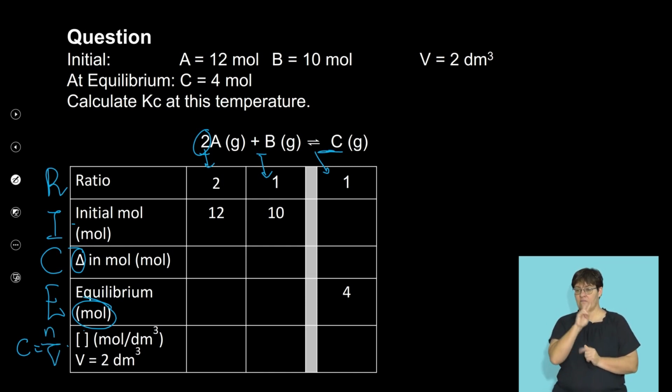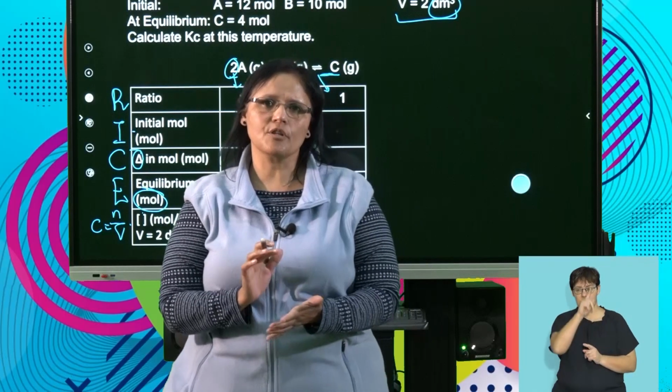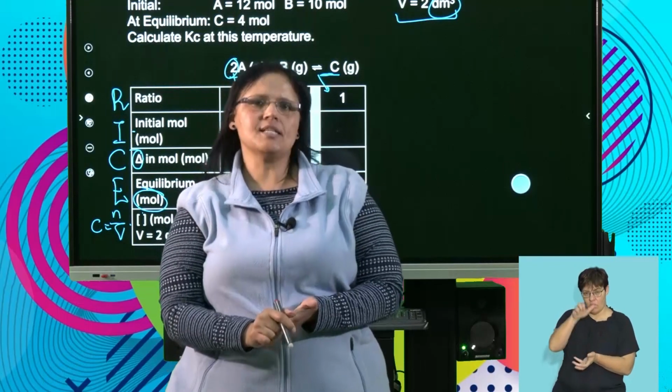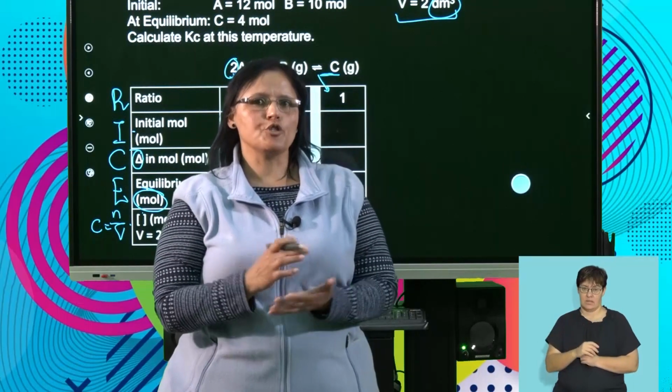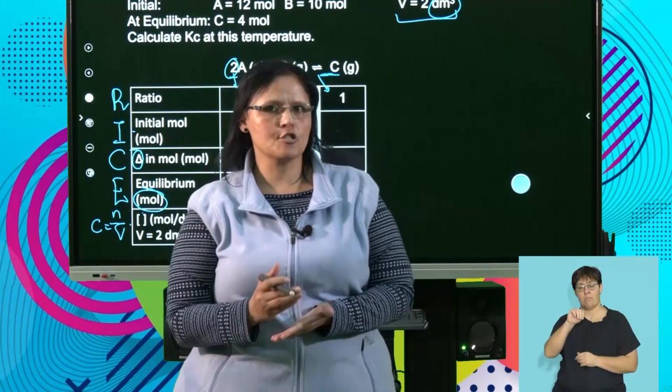Where does V come from? V was given to us, and V is in the correct unit, decimeters cubed. Why do I say it's in the correct unit? Remember, when you work out the concentration, you need to have your volume in decimeters cubed, because your concentration unit is moles per decimeter cubed.